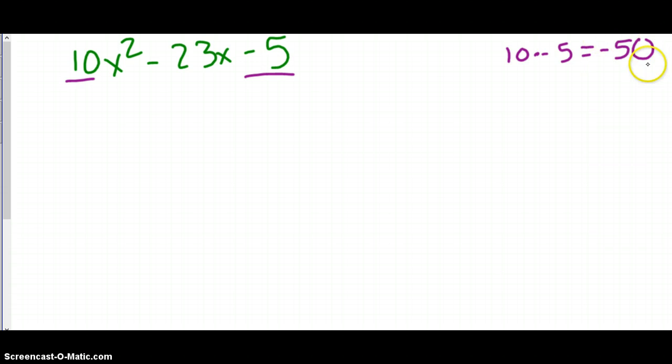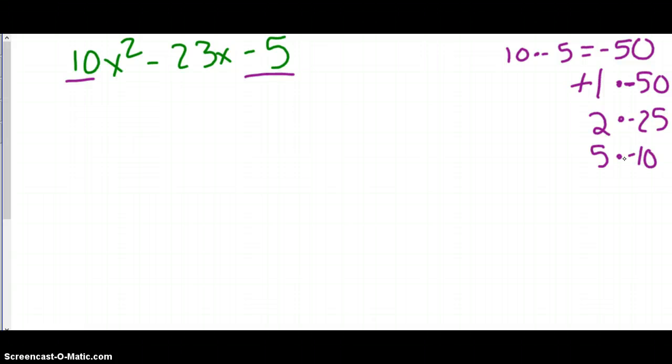Now because this came out negative, when we make our list of numbers, two numbers, in order for them to multiply to be a negative 50, one needs to be positive and one needs to be negative. So like we could say positive 1 and negative 50, or positive 2 and negative 25, or positive 5 and negative 10. I think that's the last one.